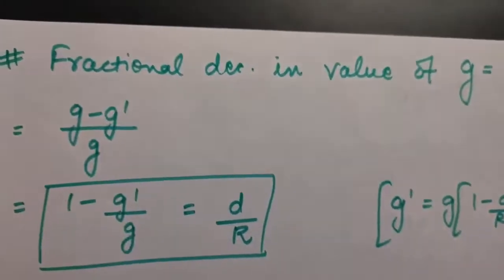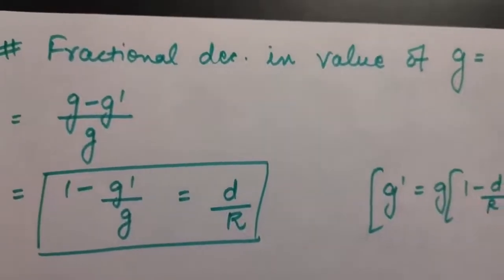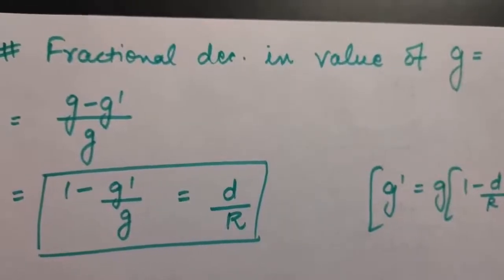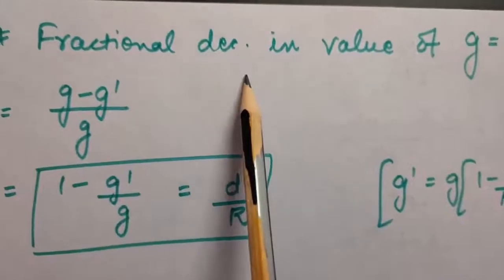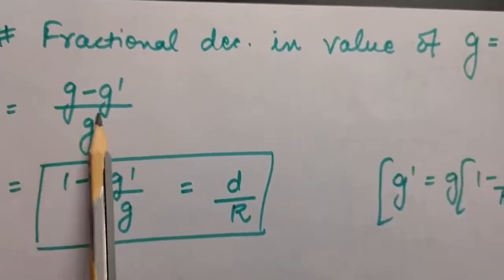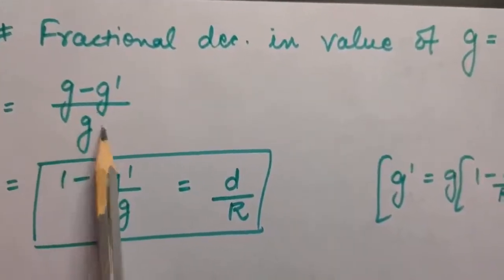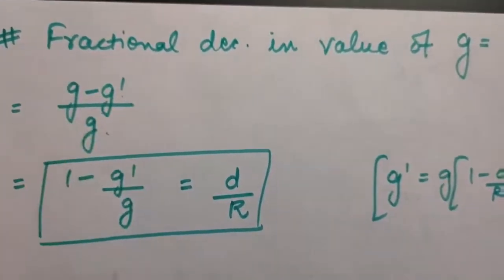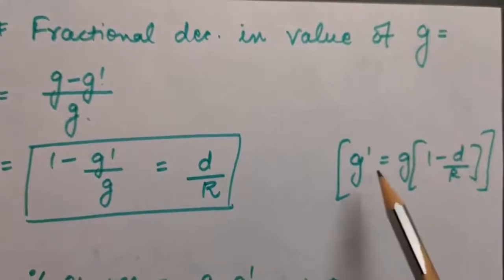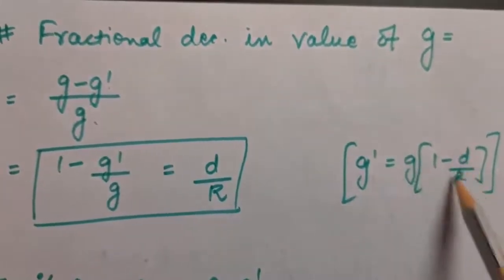Now in some questions, generally it is asked to calculate the fractional decrease in the value of g when you go to some height or depth. So how to do that? To calculate the fractional decrease, you will calculate (g minus g') upon g, that is the value at the surface minus the value at any depth, upon g. As we have calculated, g' is equal to g into (1 minus d by R).